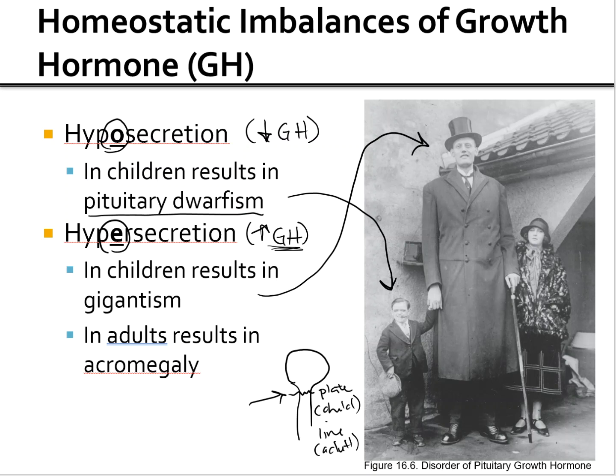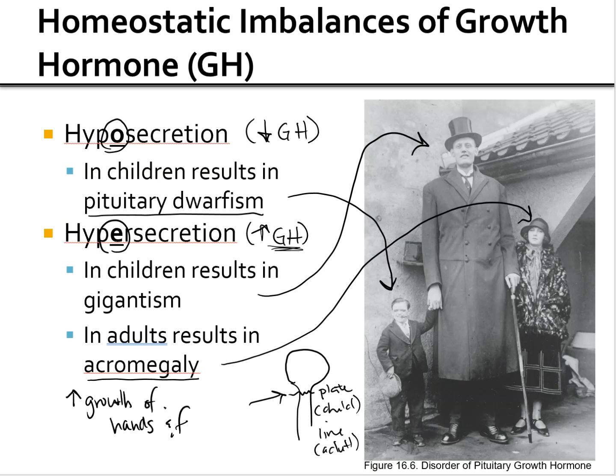In adults, a hypersecretion results in something called acromegaly. I'm guessing this woman here is representing acromegaly, even though you can't really see anything. What acromegaly does is basically cause an increase in growth of hands and feet only.